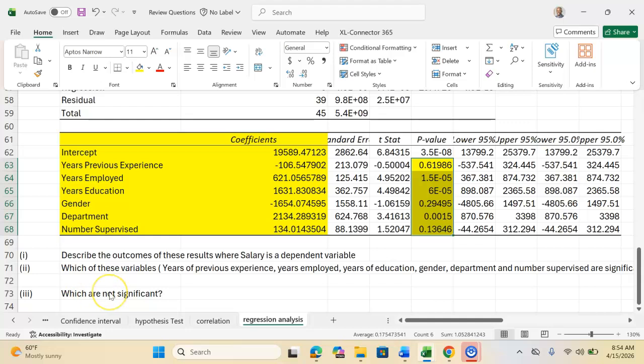So here we have this question: which ones are not significant? We have number supervised, we have gender, and also we have years of previous experience. Which variables are significant? They are years employed, years of education, and department.